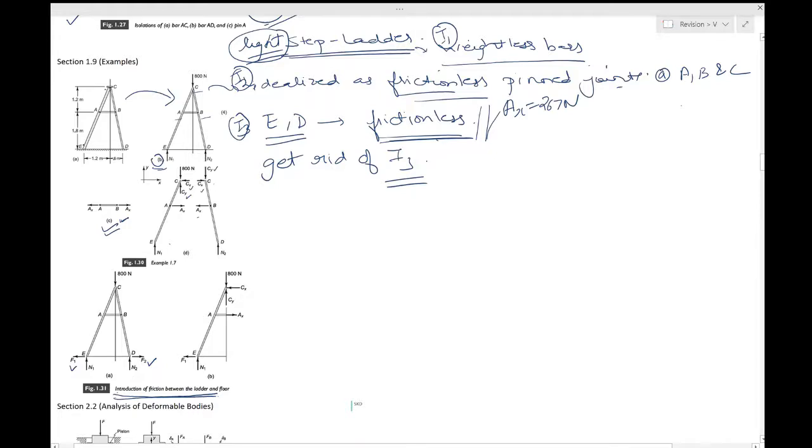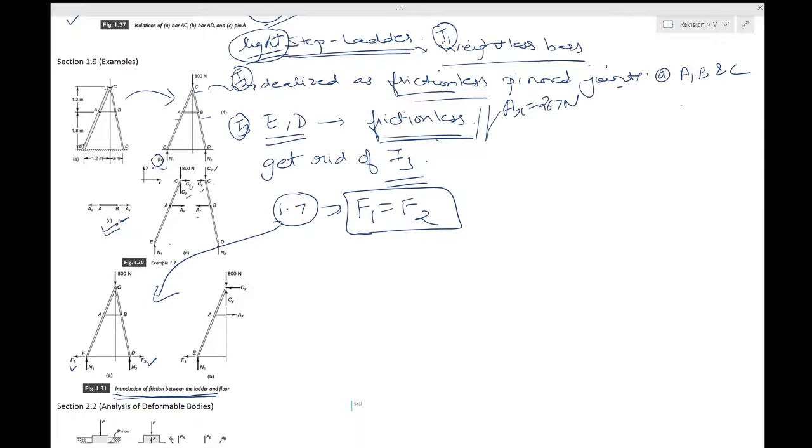If you apply 1.7 on this, you will find that F1 is equal to F2, and you will get a value for N1 and N2.